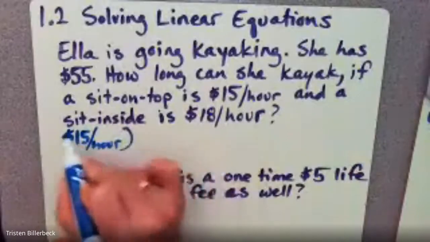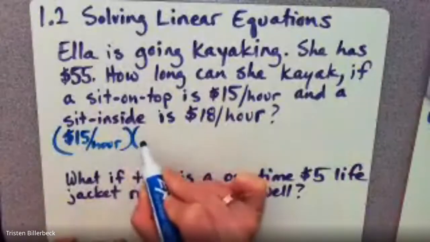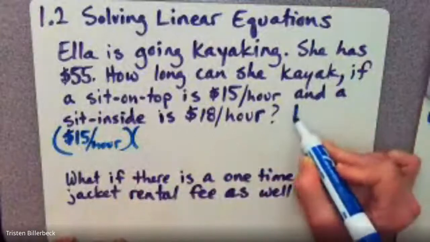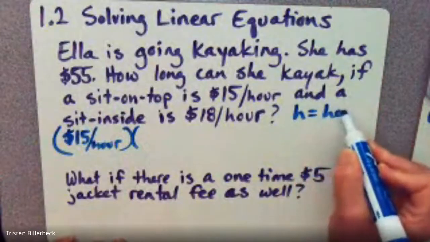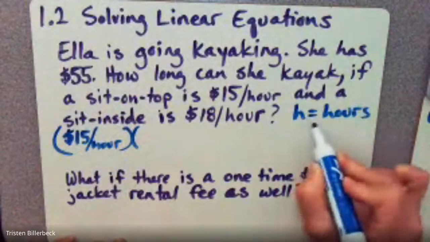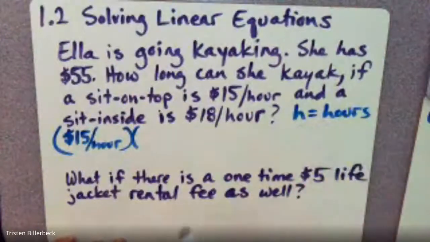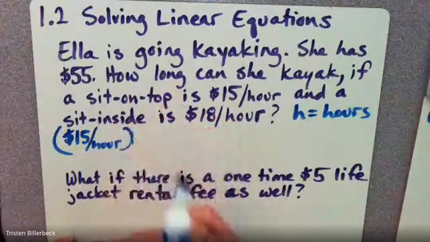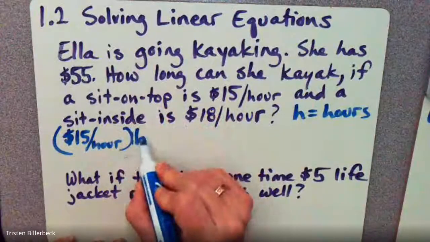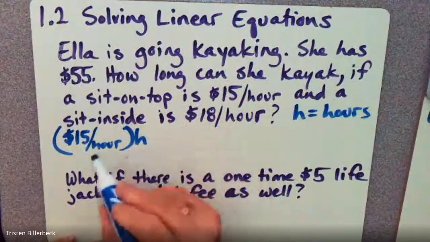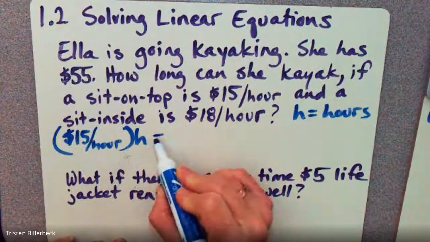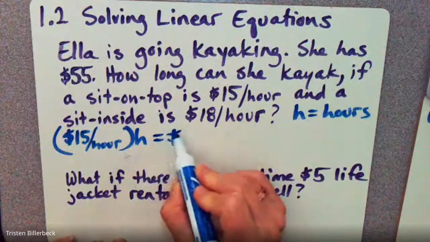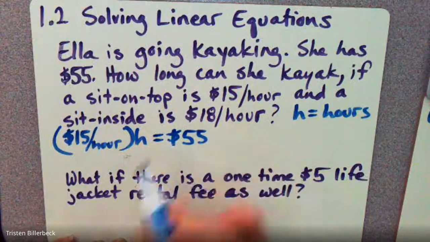and follow our units and then multiply by hours, but let's make it H for hours, because we should keep the variable more in line with what it means. So instead of using parentheses right here, let's use an H. So we have $15 per hour times H is going to equal $55.